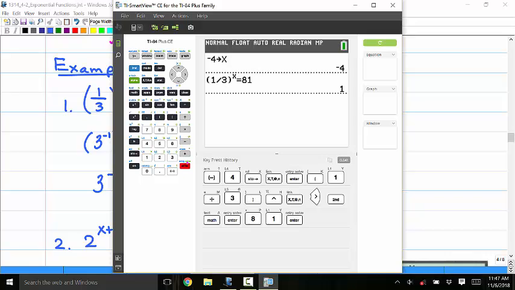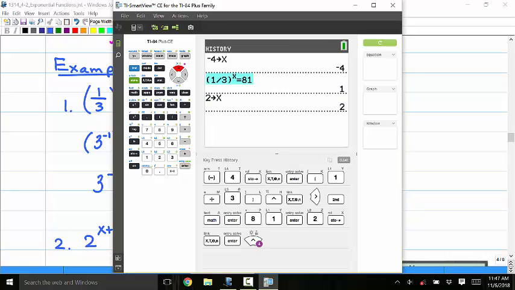If I had gotten 0, that would mean that that answer did not work. For example, if I typed in 2 for x, and then I typed in my equation, should I get a 1? Nope. I'm going to get a 0. So 1 means true, 0 means false.